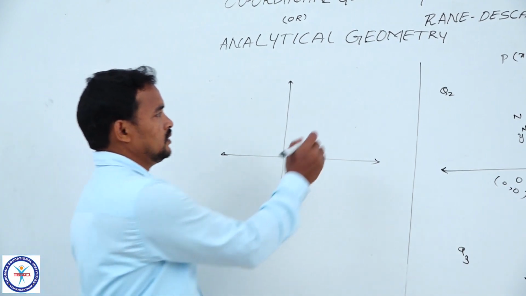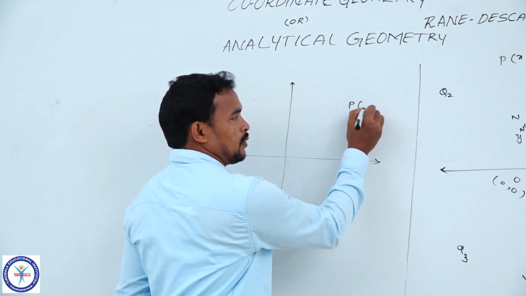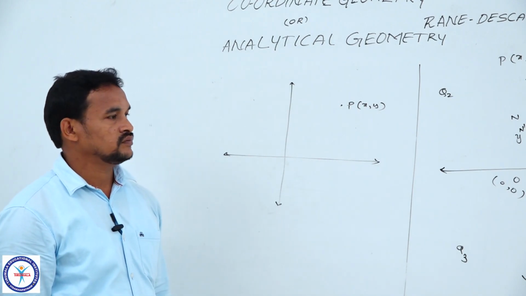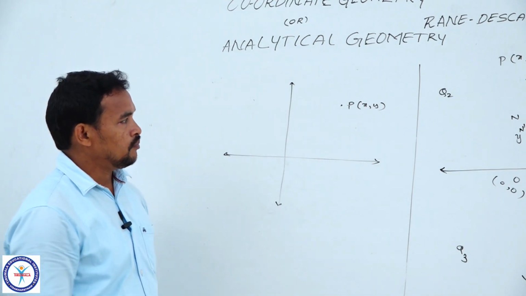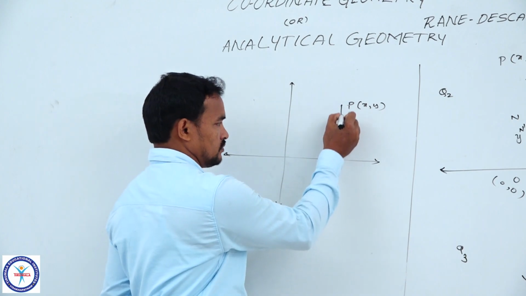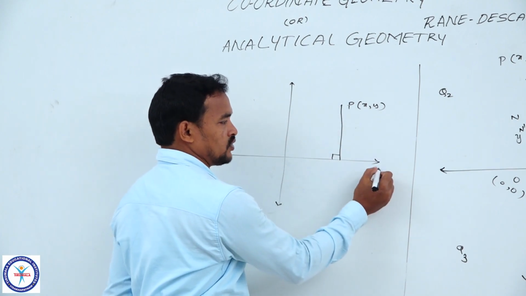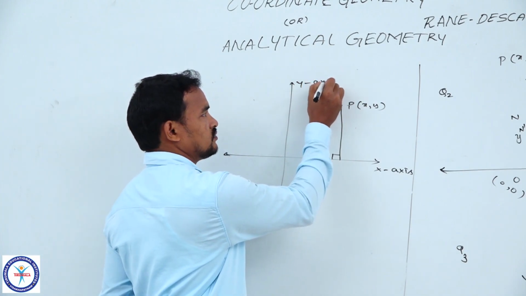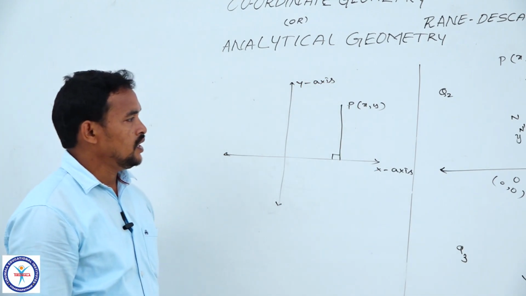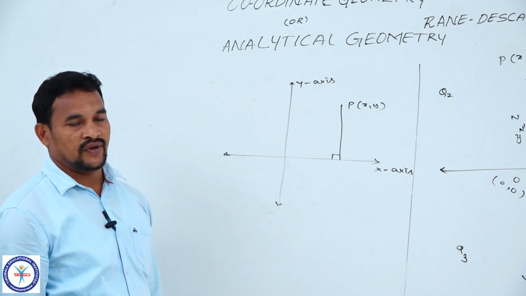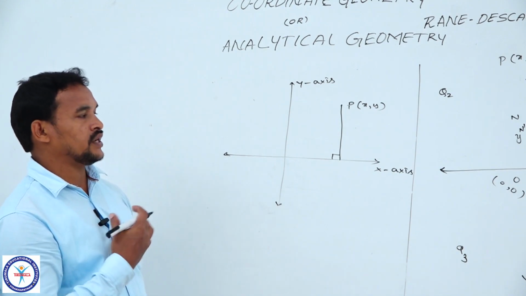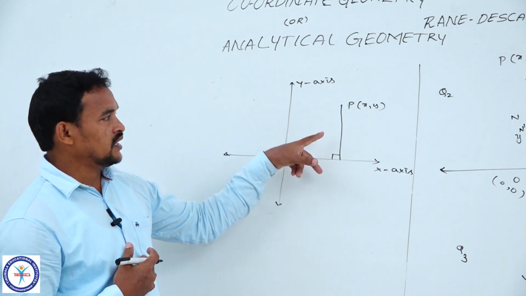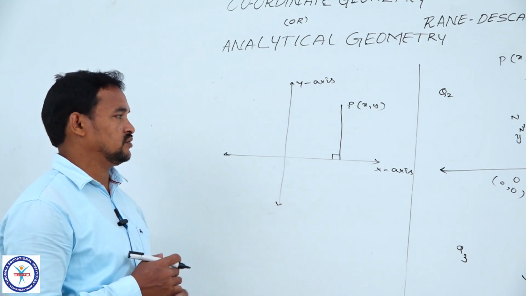Here see, let the point P x comma y be in the first quadrant. Now draw the perpendicular to the x-axis. It is the x-axis, it is the y-axis. In the previous class we already learned what happens when the point P is closer to the origin: the x-intercept and y-intercept both decrease to 0.